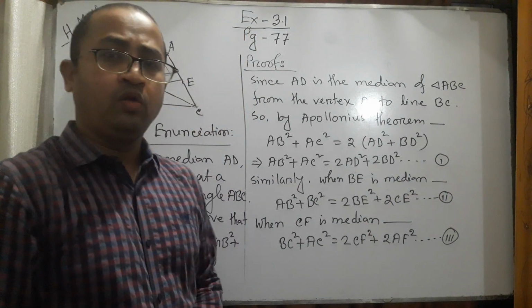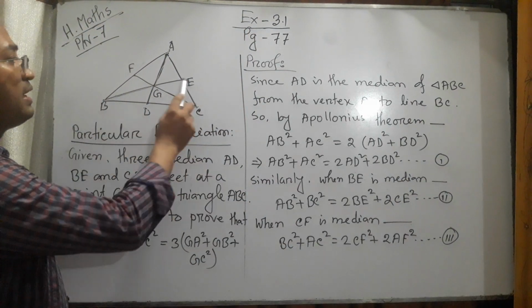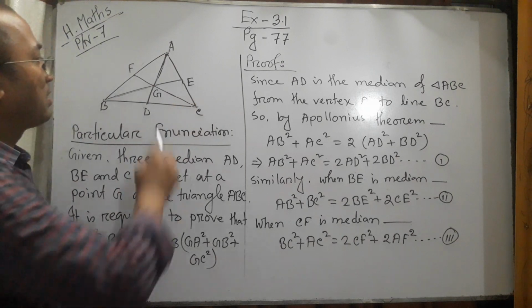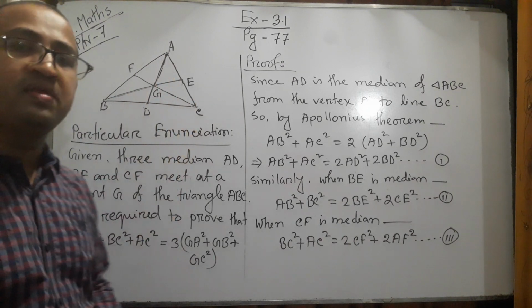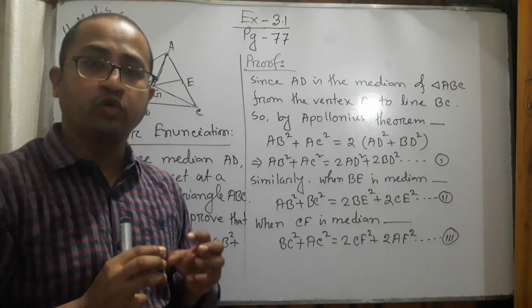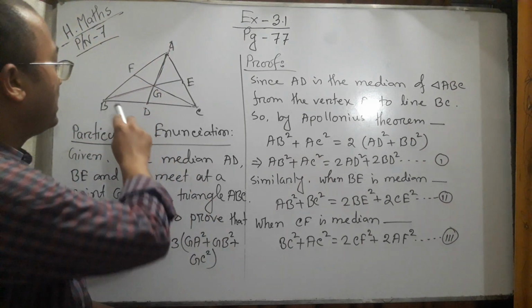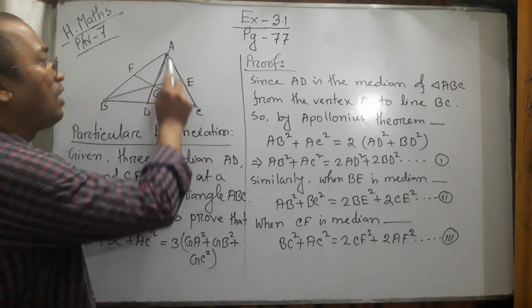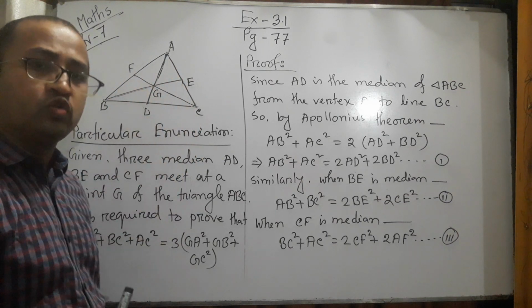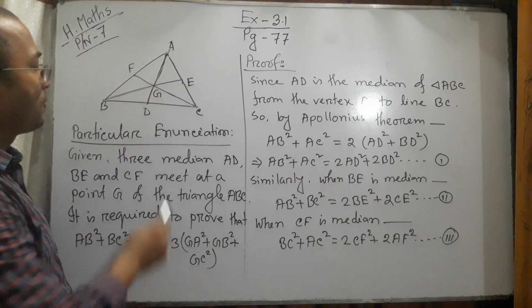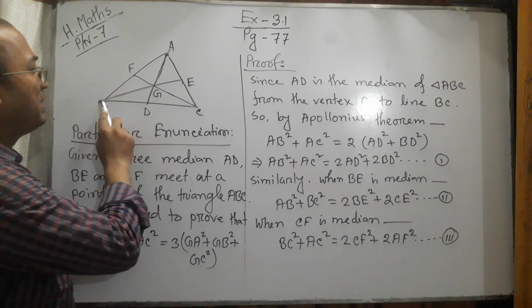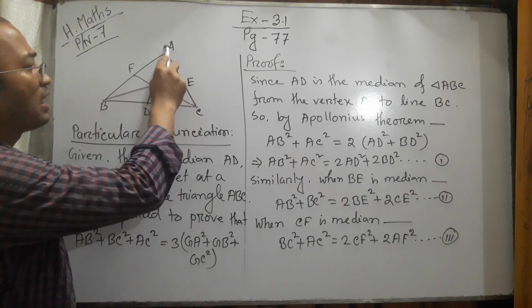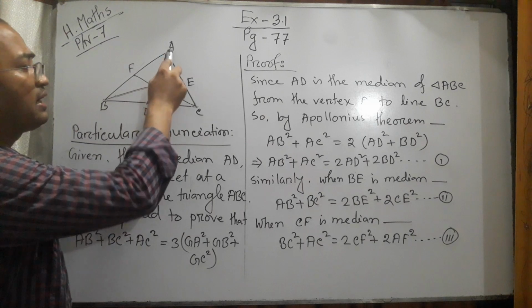Now look, if we consider BE as a median of the triangle ABC, what will be the Apollonius theorem? When we consider the median BE from the vertex B to the line AC of the triangle ABC, look, we have drawn the median BE from the vertex B to the line AC.